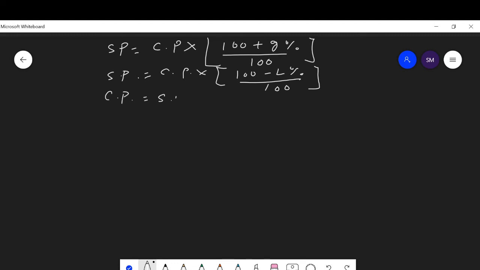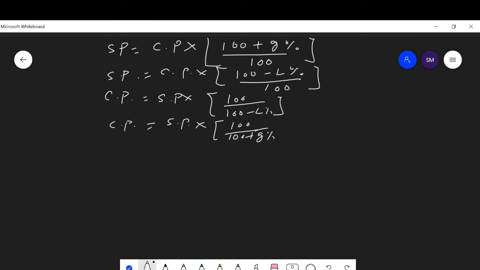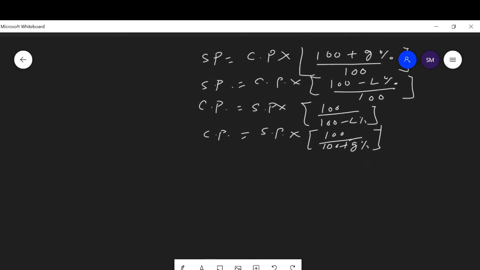CP is equal to SP into 100 upon 100 minus loss percent, and CP is equal to SP into 100 upon 100 plus gain percent. Remember the formulas, and by remembering these formulas we can solve some questions here.